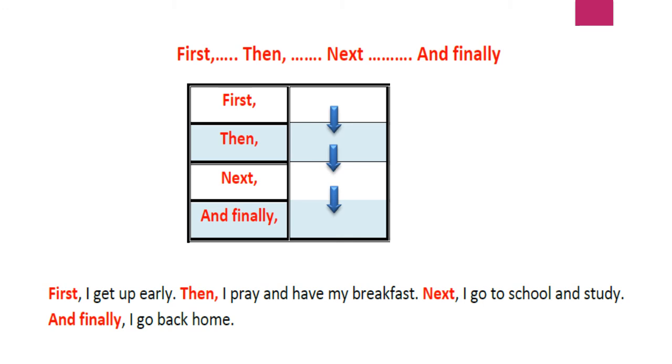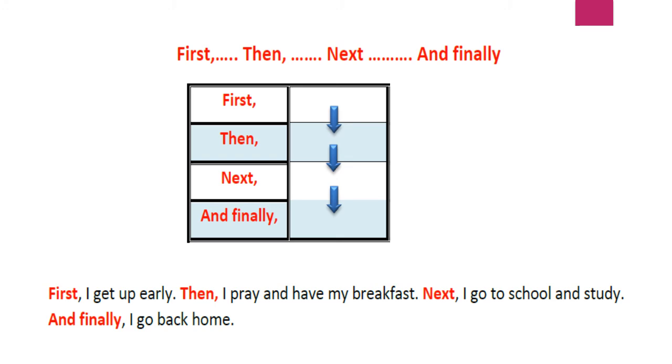Now let's know the sequence words. Those are our sequence words today. We use them to write a short paragraph and to arrange our ideas and our events. Okay? First, then, next, and finally. Let's read these words.